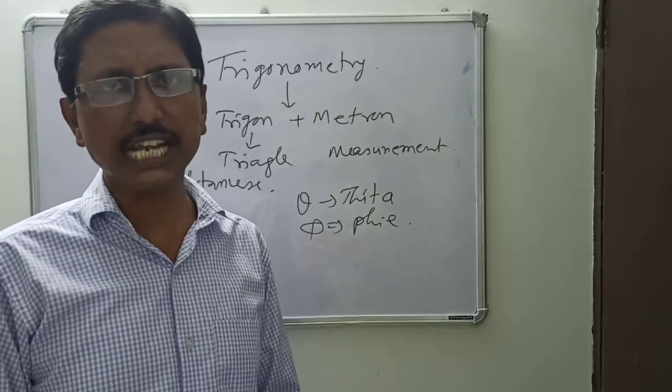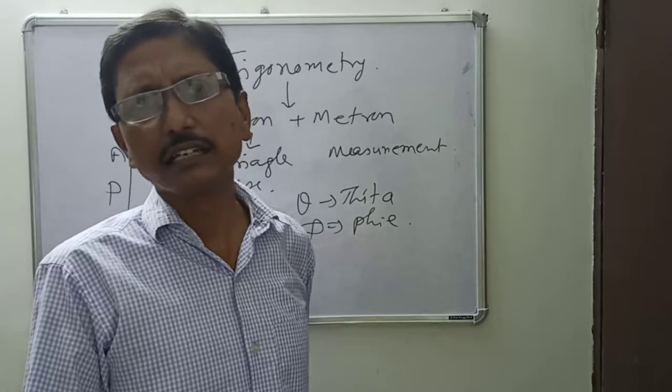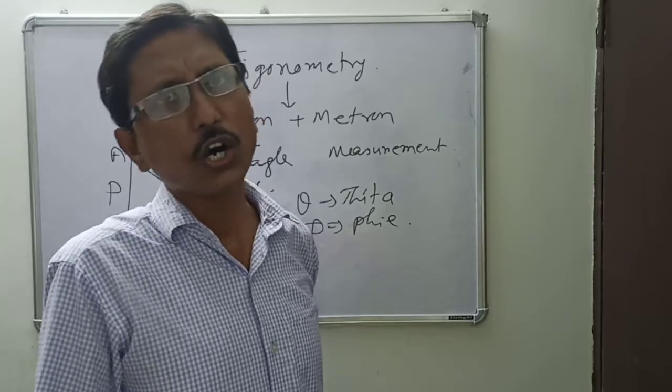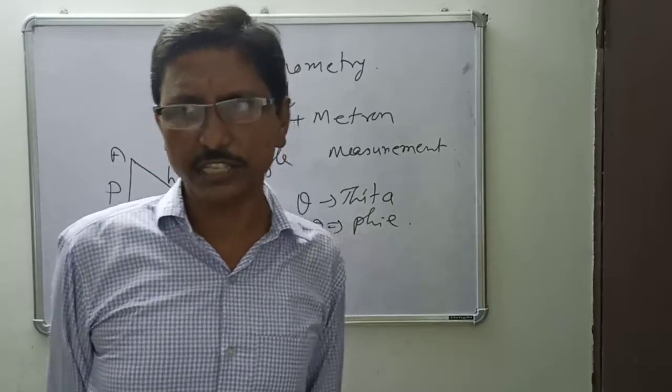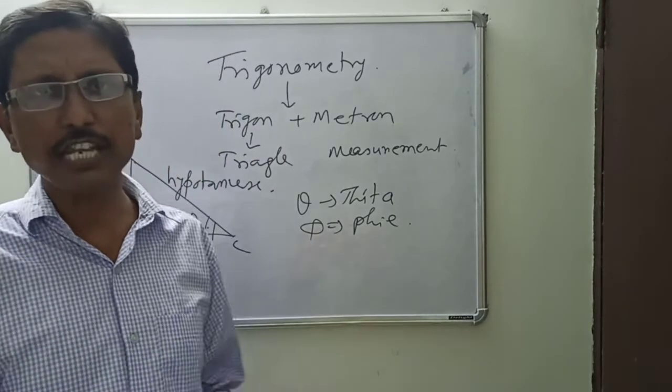With these three sides, the first part of trigonometry is the trigonometric ratio, or T ratios. We have various parts.